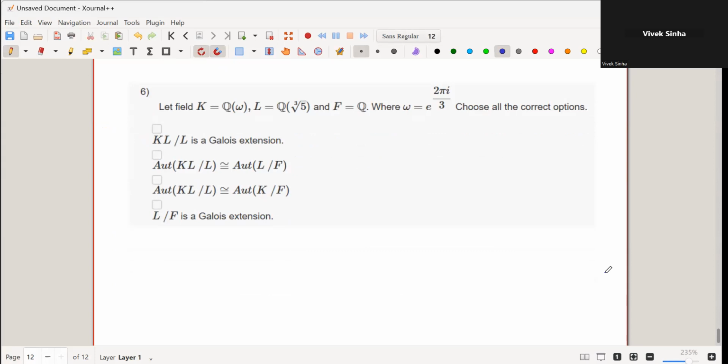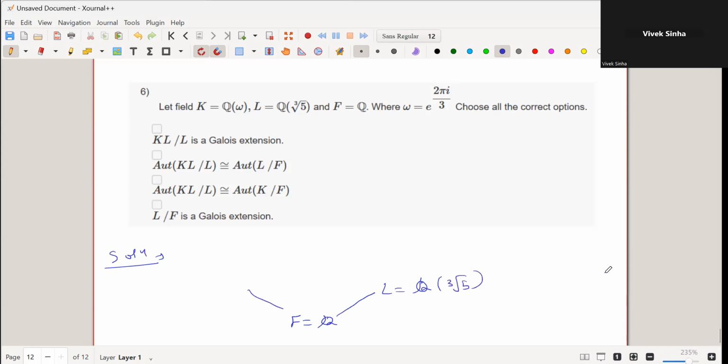Let me just draw the diagram for you. In the base field you have Q, then you have L, which is Q adjoined cube root of 5.